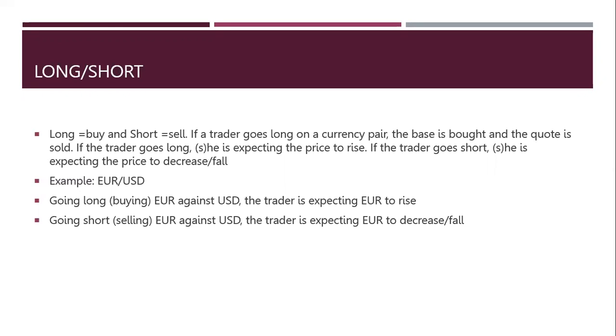Long, short. So with long, just remember long is buy, short is sell. If a trader goes long on a currency pair, remember a currency pair is two currencies, for example USD JPY, which is the United States dollar against the Japanese yen.